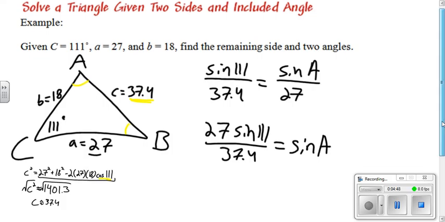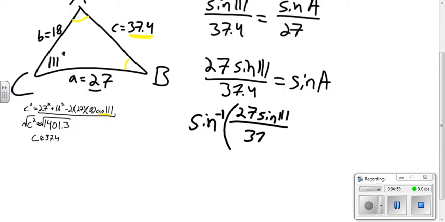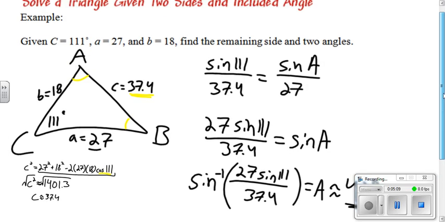Now we need to take the arc sine of our entire left side over here, 27 sine 111 over 37.4 equals A, which means that A comes out to approximately 42 degrees, rounded to the nearest degree.